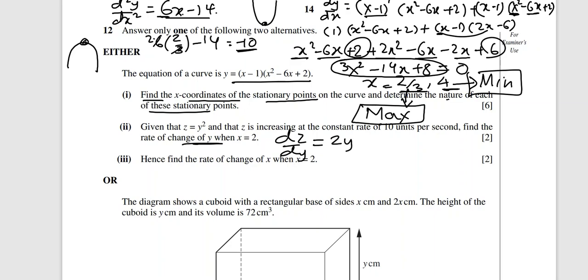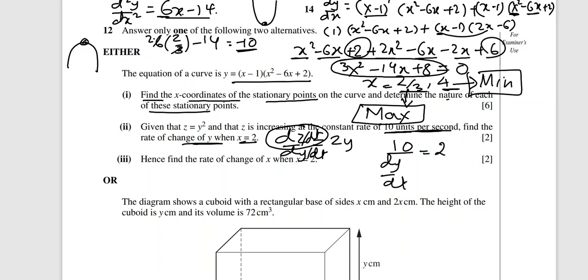So now they're asking what is the rate of change of y if z is changing at 10 units per second. Since there is a per second, we will divide by dt on both sides. So dz over dt is given as 10 units per second. So 10 equals dy over dt times 2y.